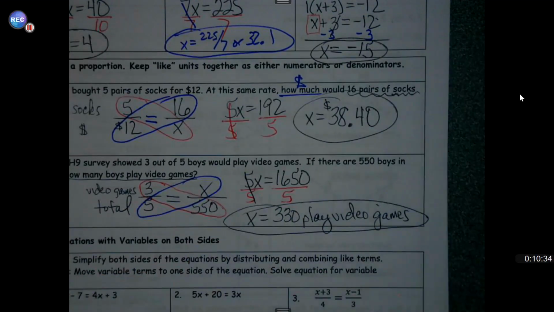So it looks like about 330 of them would play video games. So, again, if this maybe wasn't you during the first unit, here's a good chance, second unit, to learn some things and kind of roll with it. Keep this out.